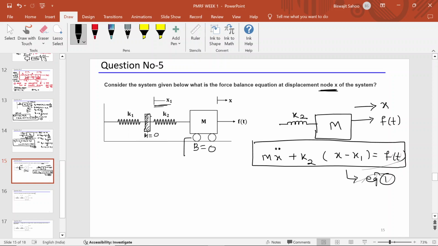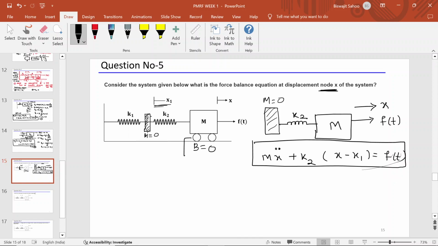One is a virtual mass, whose value is zero. The other is a physical mass having a mass m. So you assume that k2 is connected between two bodies, with one mass being zero. So now this is the differential equation. I think everyone is clear.